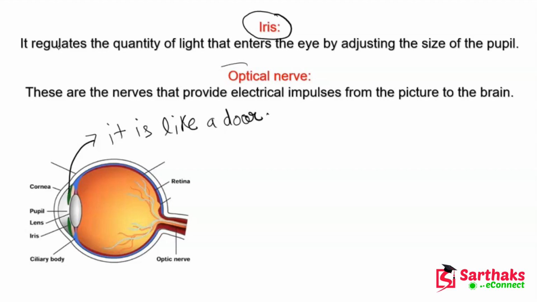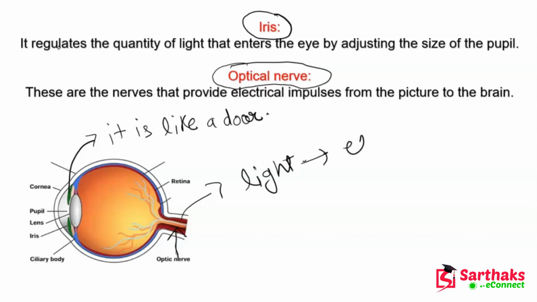Now guys, let's talk about the optical nerve. We already discussed this optical nerve. What does it do? It converts light signals to electrical signals. Then these signals are sent to the brain, and our brain reads these signals and senses the images.